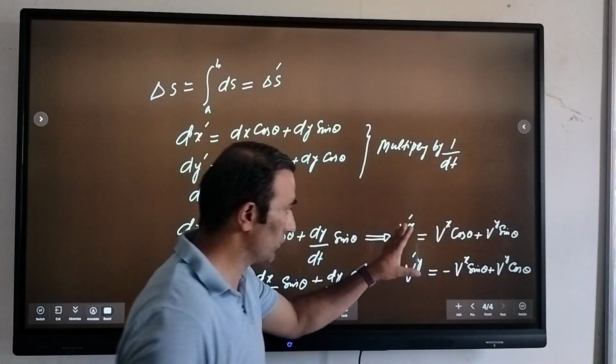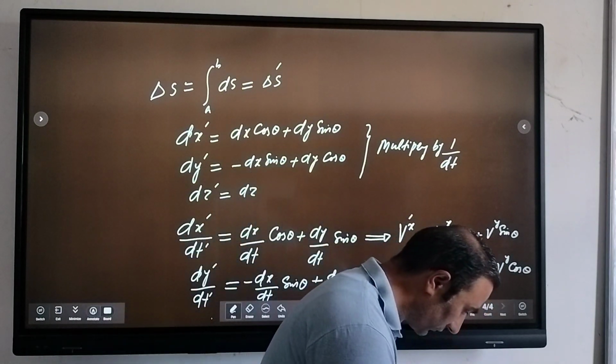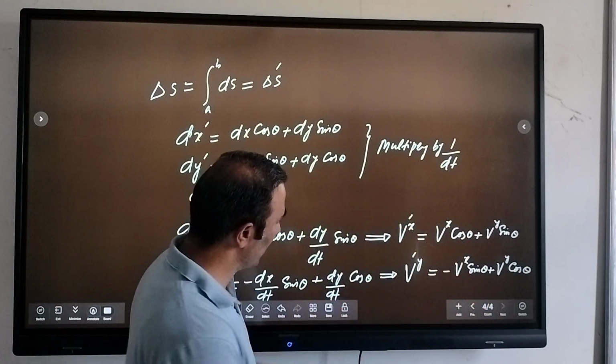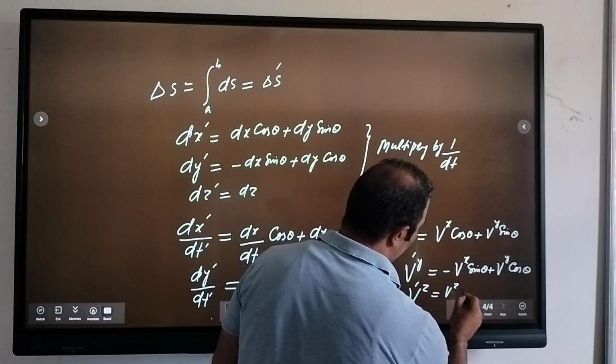Okay. Right. So this is the velocity. So let us go back. So similarly, our vz prime will be equal to vz. Right? So that's very clear.